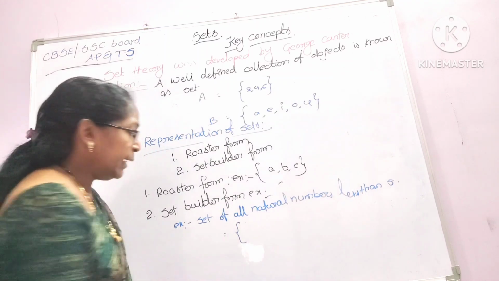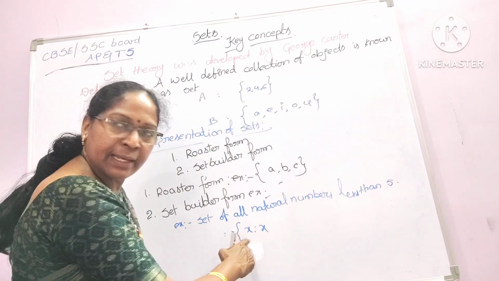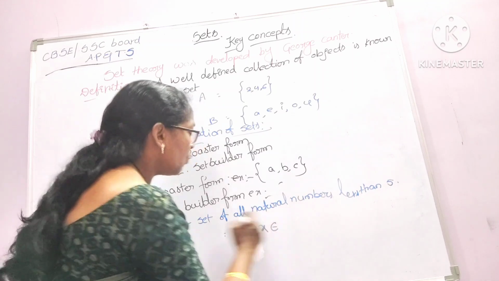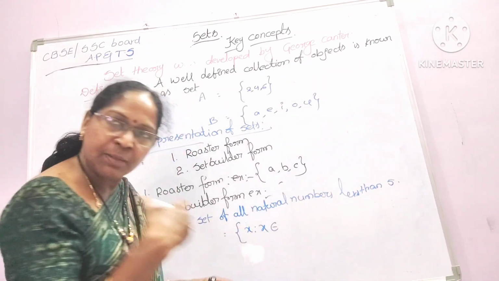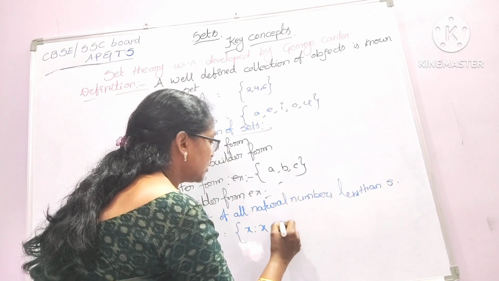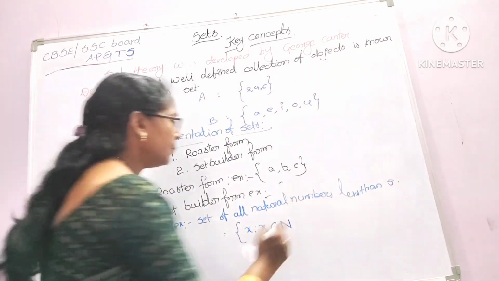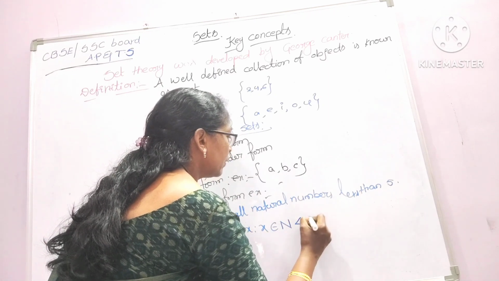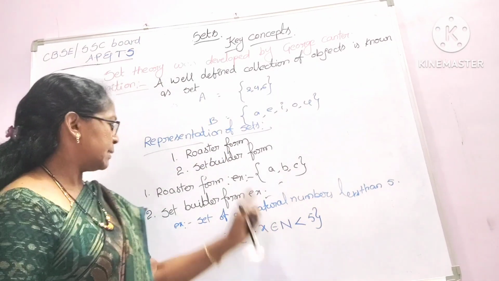Curly bracket, x such that x is an element that belongs to N, natural numbers. Natural numbers is the set, and the natural numbers are the elements. Natural numbers are represented by the symbol capital N, and this condition is here, less than 5. Like this you have to represent.